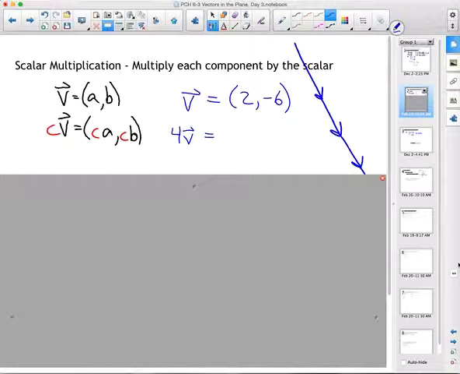So in this case, I have the vector 2, -6, but now I need to multiply the 2 by a 4 and the -6 by a 4. So I end up with 8, -24.